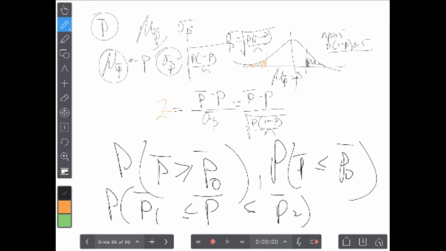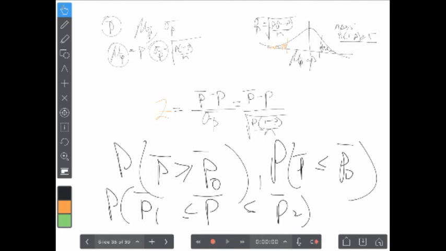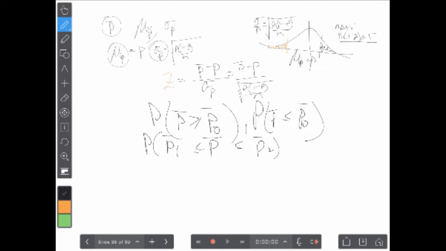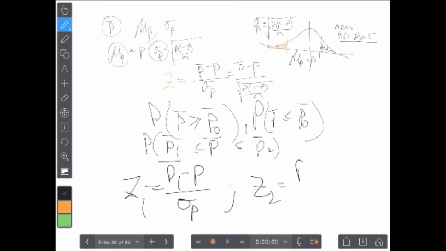You simply need to calculate the two Z values. You'd have to find Z1, which is P bar 1 minus P over sigma P bar. And then you need to find Z2, which is P bar 2 minus P, over sigma P bar.